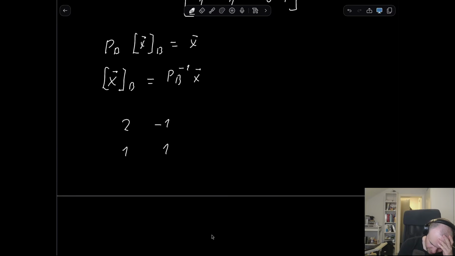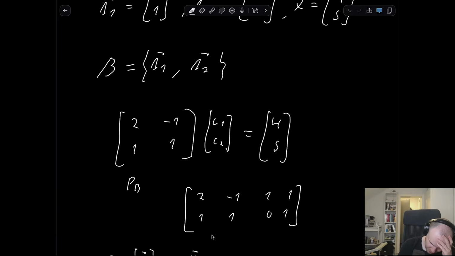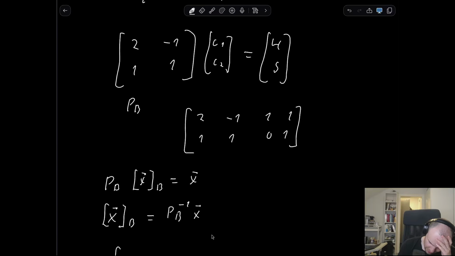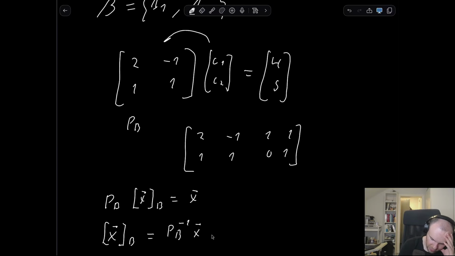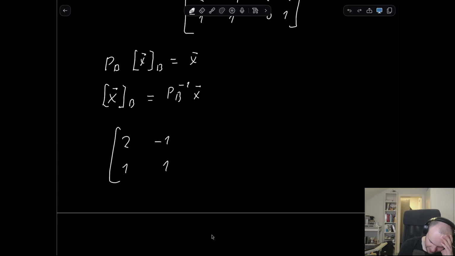So I could also say 2, which is much simpler. I prefer to do it this way. 2, minus 1 and 1 is just a matrix equation, where C1 and C2 would go in here, right? And then we just extend this by the solution, 4 and 5. Okay? So now what I can do, I take row 1 and remove: minus 2, that's 0.